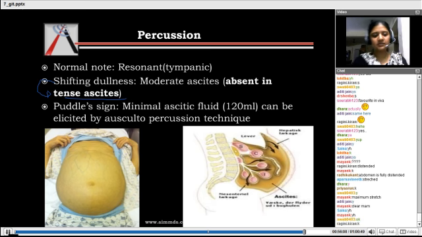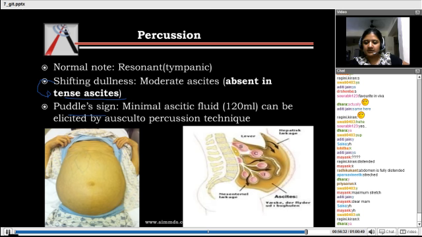Then we have some term again here called Puddle's sign. What I feel for general medicine is you got to be in the habit of writing. You have to take your point book, put the heading general medicine, put all the signs together. And I actually told you guys to write down the signs for all the other subjects together as well. Even in oral surgery, we have so many signs. Coleman's sign, Gutman's sign.